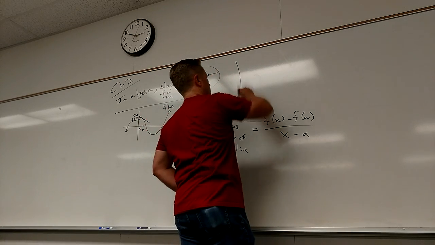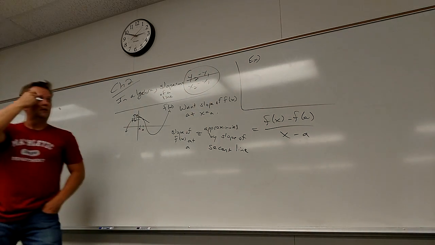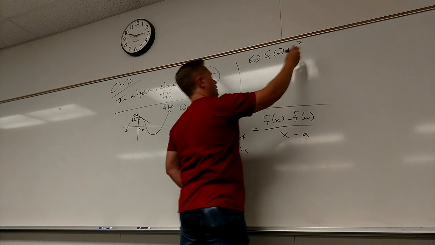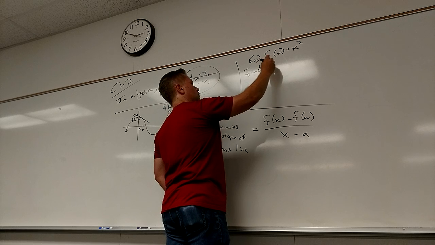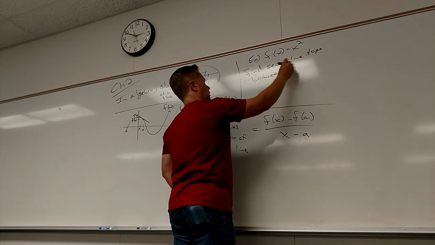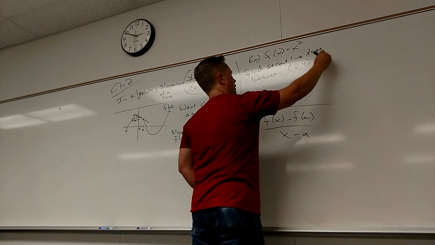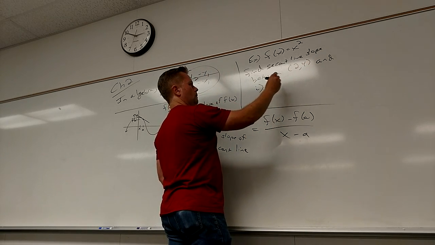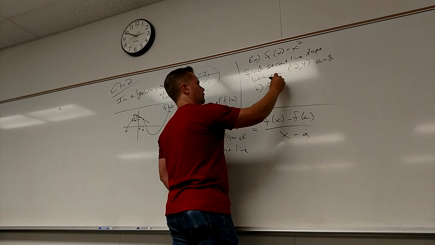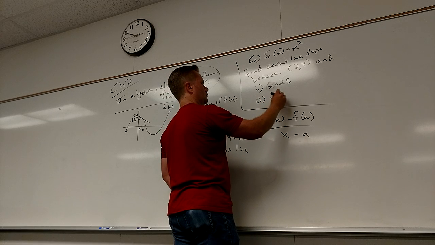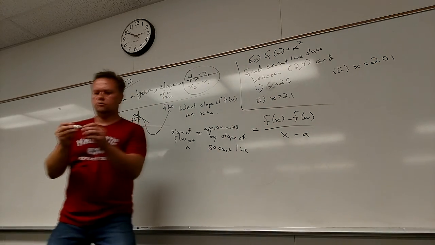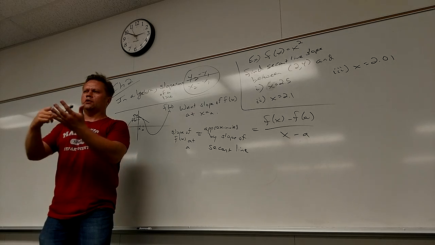Let's use a parabola, the basic parabola, f of x equals x squared. I'll word it close to the way you're going to see it worded in the book.